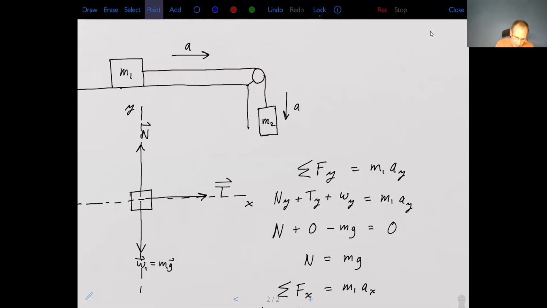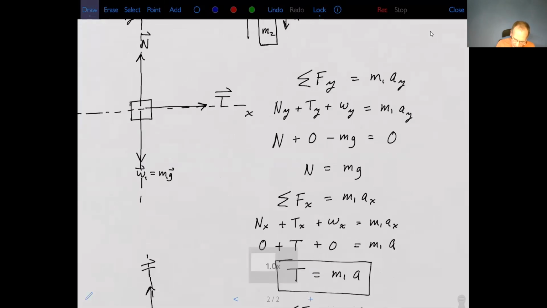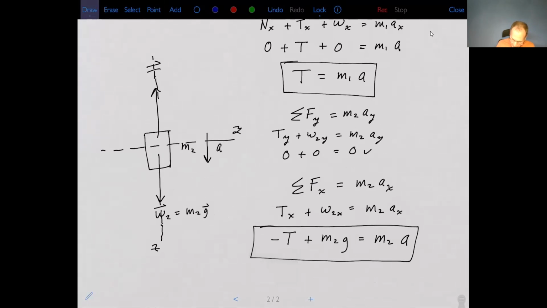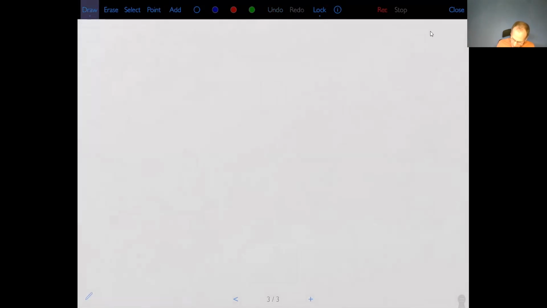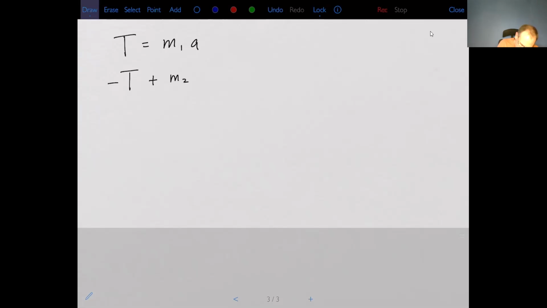So remember, the whole goal here is to solve for A, the acceleration of that system. So let me write down my two equations now. I have T equals m1a. And then I have minus T plus m2g is equal to m2a.